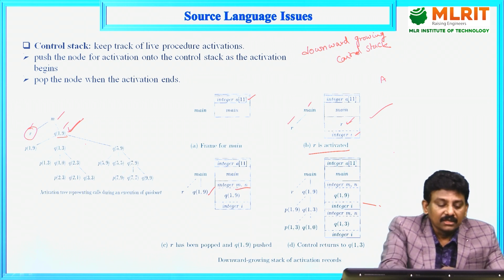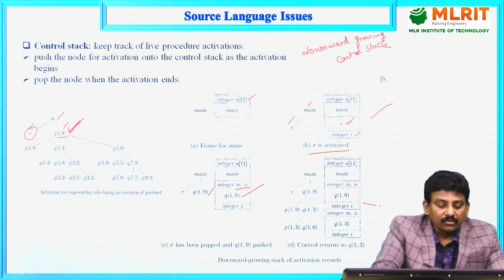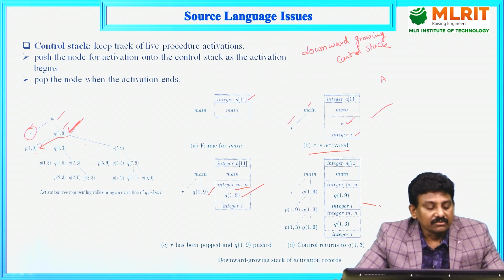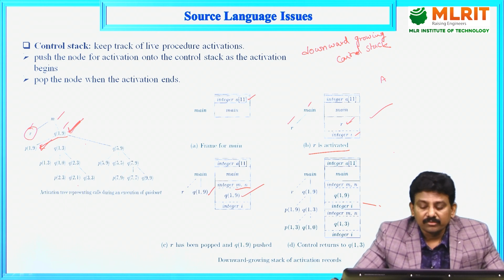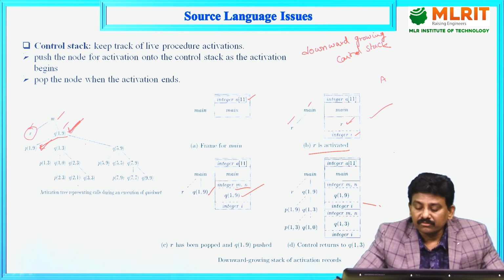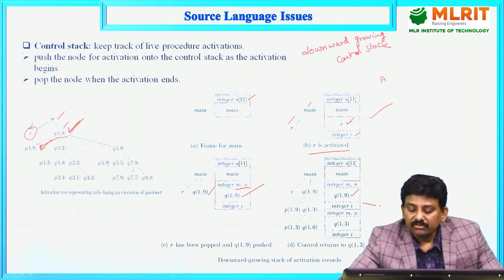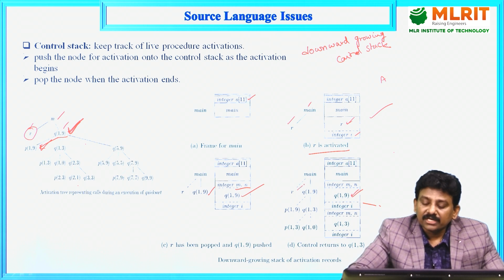After that, while quicksort 1, 9 is still alive, control goes to partition. Whenever the partition function is active, its activation record will be created and pushed onto the stack. See this: quicksort 1, 9 is still active, and the dashed line represents that the read array function is completed.